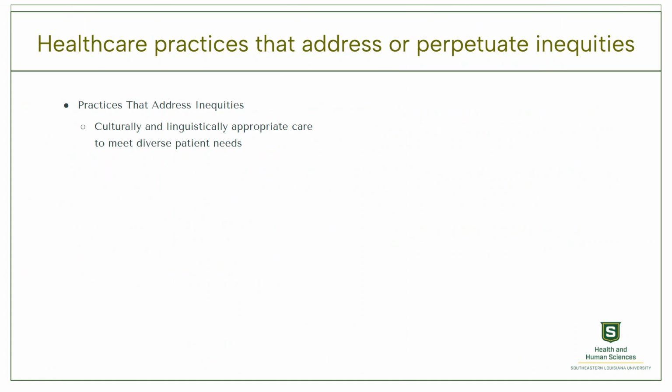Among those that help reduce inequities would be having culturally and linguistically appropriate care in order to meet diverse patient needs, and having community worker programs for care coordination, but also to get patient engagement. Like I said, people like to see people that look like them, speak like them, and understand the things they say.